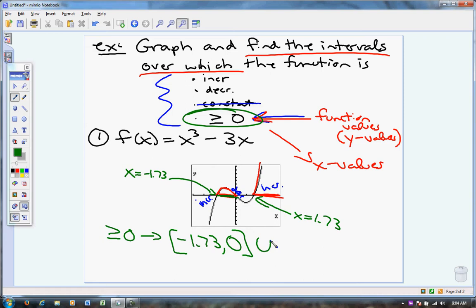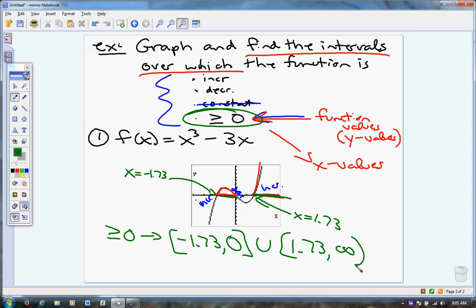Union, it's also greater than or equal to 0 from positive 1.73 clear over to infinity. So I would say union 1.73 to infinity. Okay? Now, we can kill two birds with one stone here on this problem.